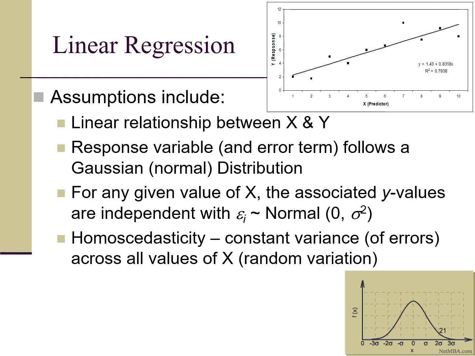So in the example that's being shown in the upper right, that looks like a case where you can make that assumption. In cases where you do not have homoscedasticity, in general, you'll see that the variability of the points appears to increase as a function of the x-axis.